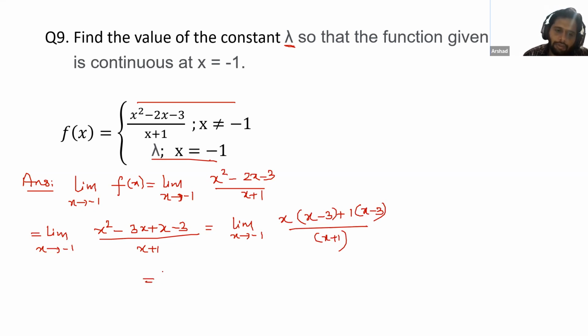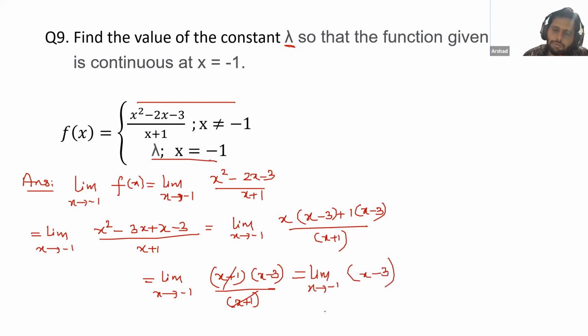So we will get limit x tends to -1, take common (x + 1)(x - 3) by (x + 1). Cancel out this. So limit x tends to -1, x - 3. Now put this limit. So -1 - 3 is equal to -4.